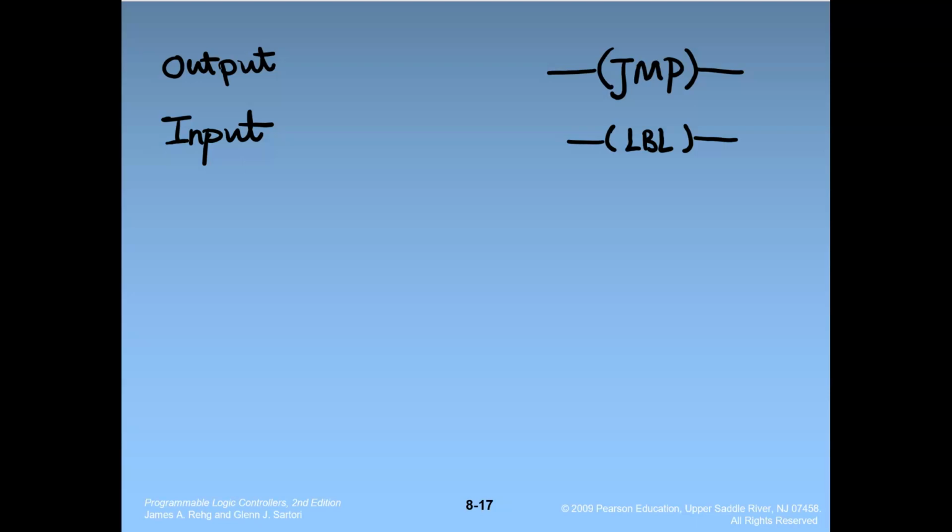Now you should know that the jump can be used as a conditional output. So it is an output and it can be conditional. But the label instruction, which is an input instruction, is always true. And it makes sense because the label is showing the destination. You don't need any true or false.